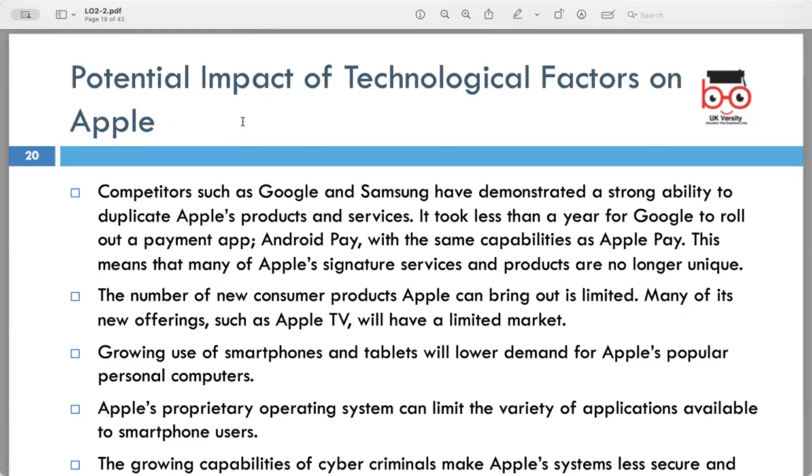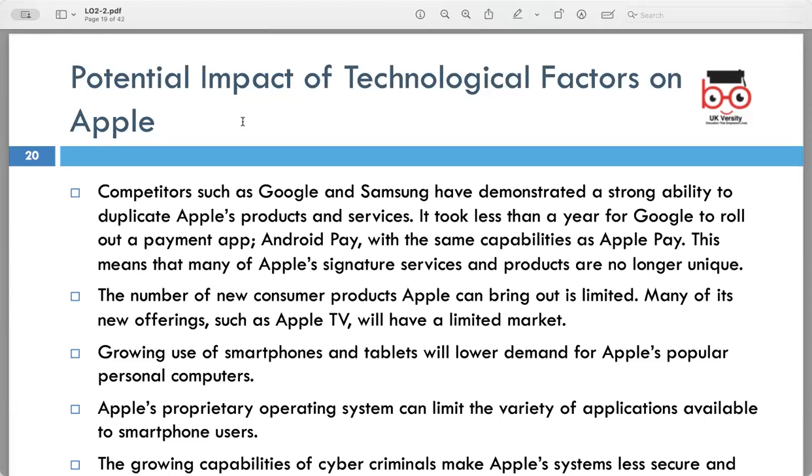One of the limitations that Apple faces is a restricted amount of new consumer limits that it may introduce. Many of its new products, such as Apple TV, will only be available to a select minority of consumers. As the number of people using smartphones and tablets continues to increase, the demand for Apple's well-known personal computers will decrease.